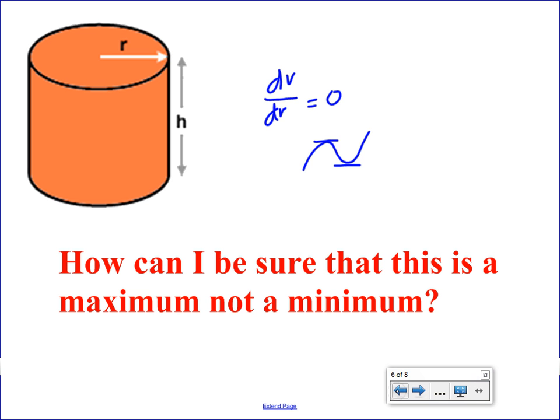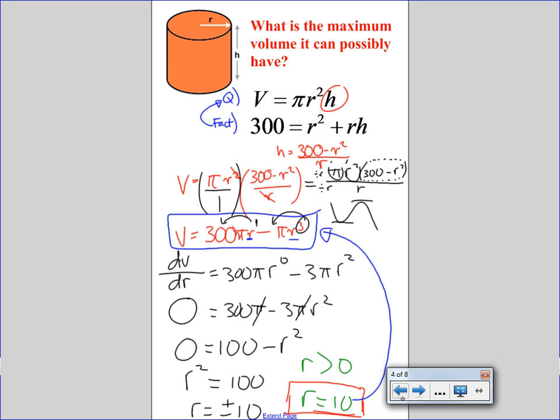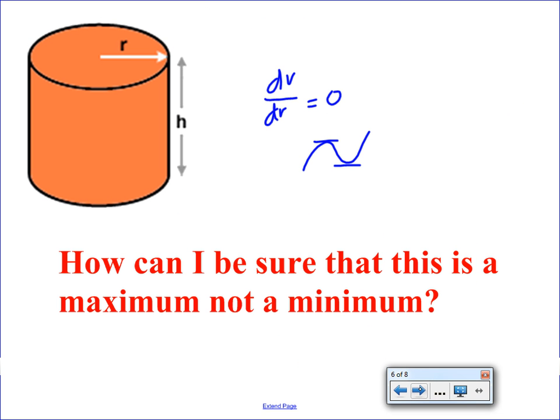Okay, so what we need to do is differentiate the derivative. This is a long way back. Here it is. So 300 pi minus 3 pi r squared.